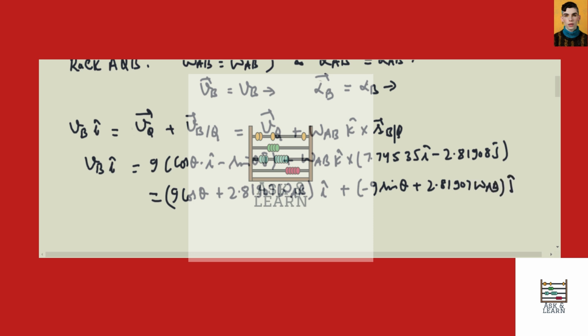Now you have to equate the component along y direction, that is j cap.